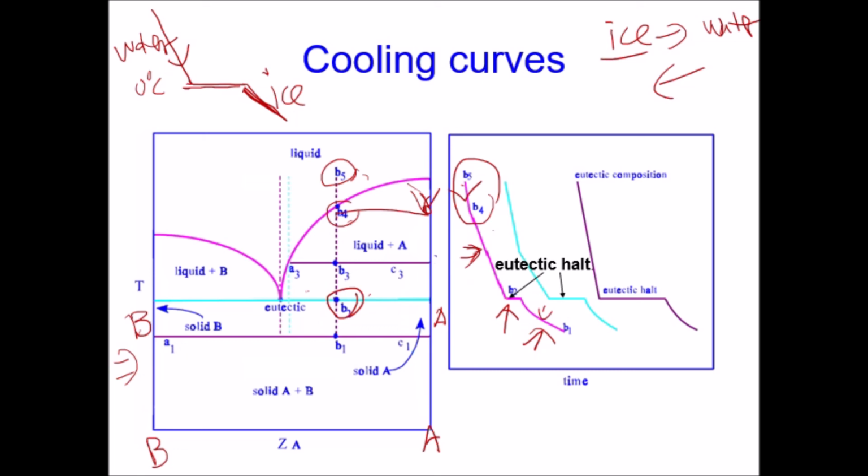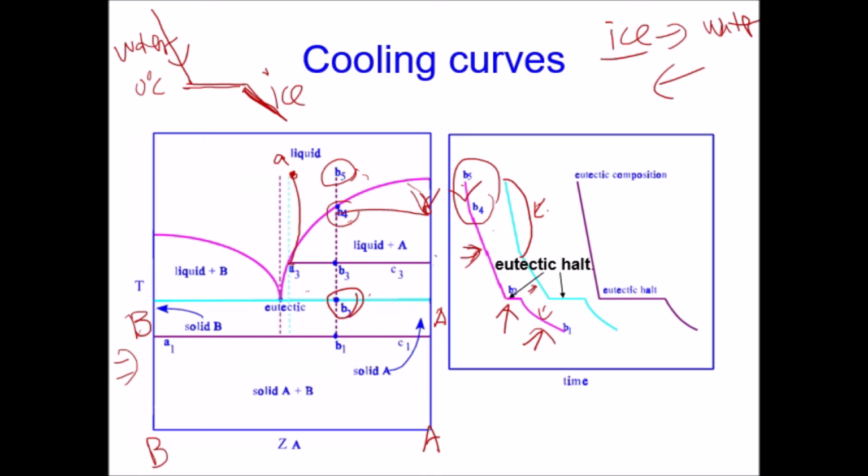Now the shape of the cooling curve depends on the starting location. If you start at this point, let's say this is point A, then from A until A3 it's liquid, so on the cooling curve you see a longer line of liquid cooling. At A3, A starts to freeze and the slope changes.